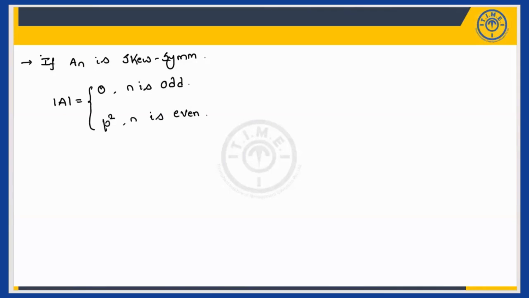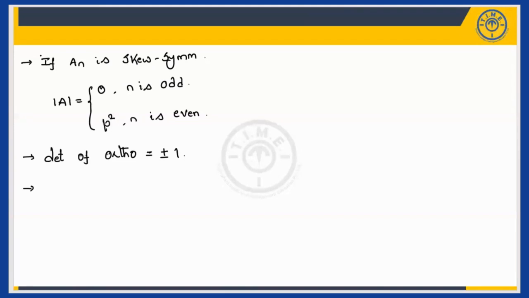Remember, the determinant of a 3 cross 3 skew symmetric matrix is always 0. Okay? And again, the determinant of an orthogonal matrix is plus or minus 1 always.